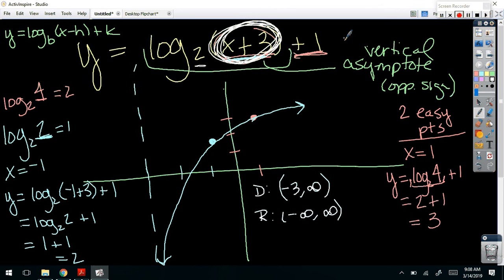And if you can make this be 1, this is always going to equal 0, because the only way to get 1 when you raise it to a power is 0. So those are the two easiest points to choose: force the same base or force this to be 1.